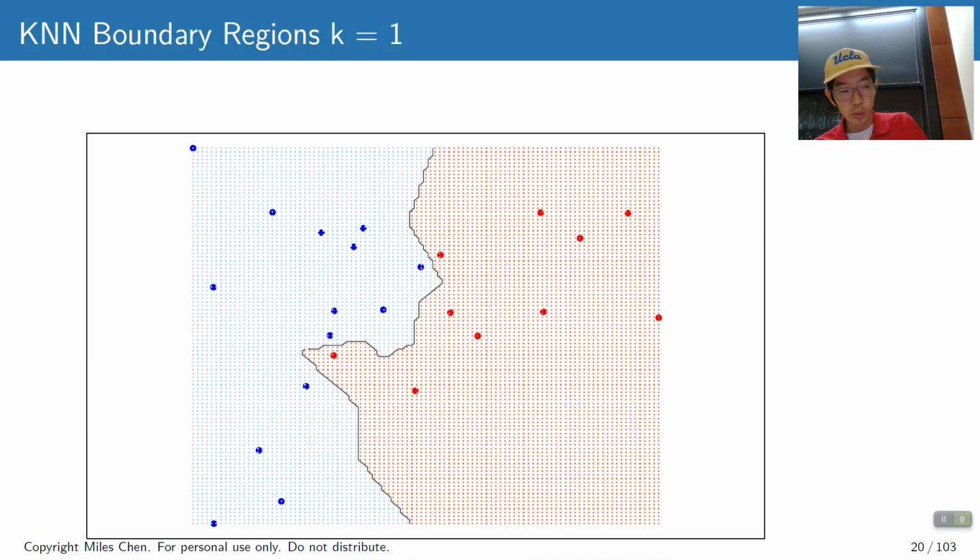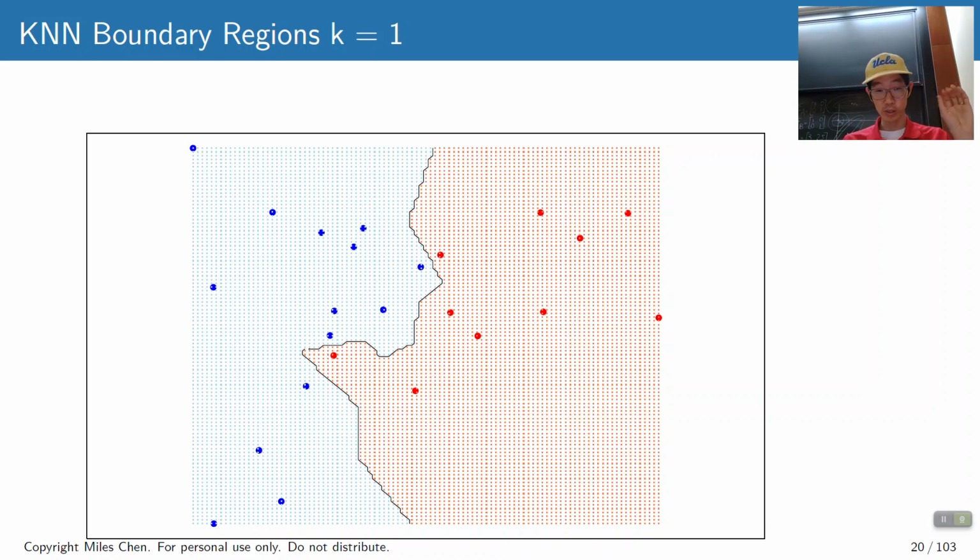What is going on here is as you increase your k, you get a little bit more bias, but less variance, as far as the boundary goes, or how these things get classified. Again, the bias-variance trade-off: larger k leads to more bias, less variance. Smaller k will lead to less bias, more variance.